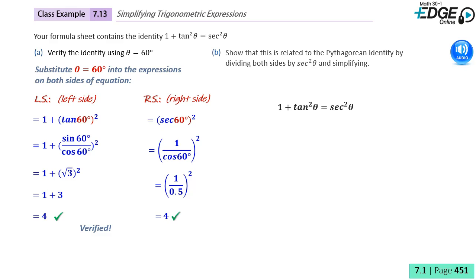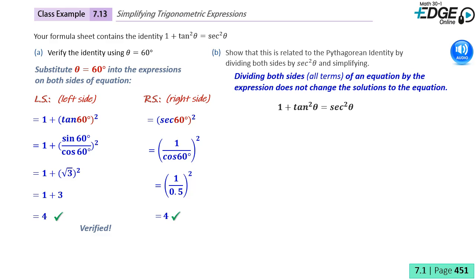In order to show this as the original Pythagorean identity, we'll divide each term by secant squared. Given that secant is 1 over cos, secant squared will be 1 over cos squared.